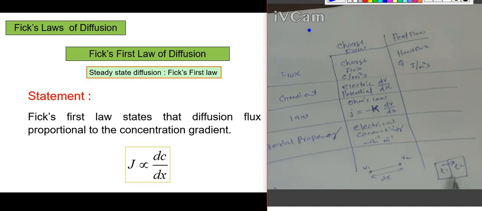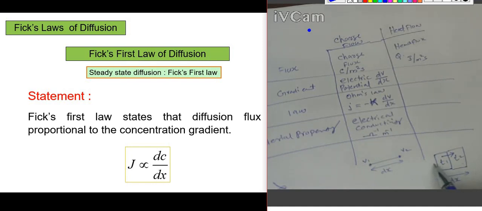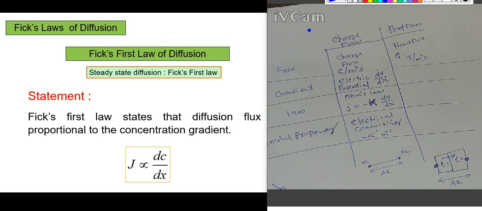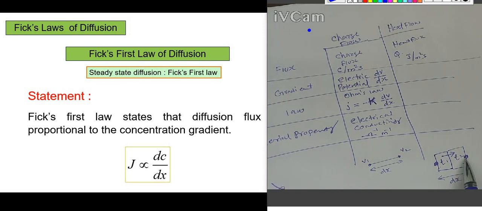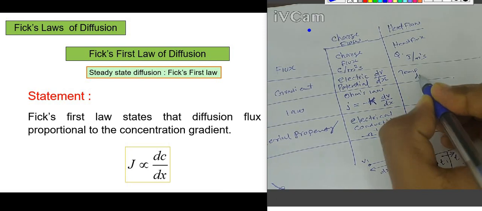So here the temperature is T1 and here it is T2, separated by distance dx. The gradient is the temperature gradient dT by dx.